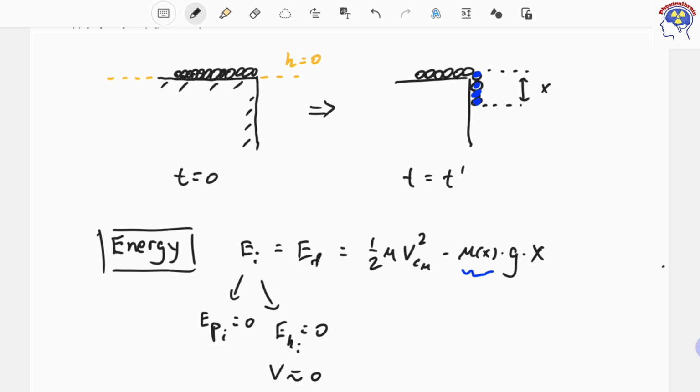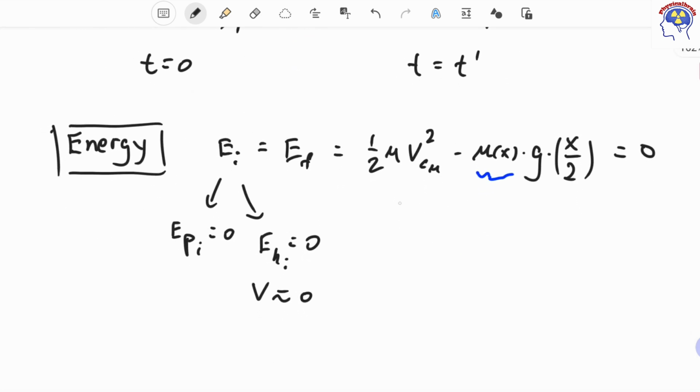But it's not x that interests us, we're actually looking at the center of mass of the chain, right? So we need to look at the middle of the blue part. So we replace x with x by 2. To solve this equation, I'm going to say everything equals 0, because the total energy in the beginning was equal to 0. We get half m v to the power of 2 equals mx times g times x by 2.